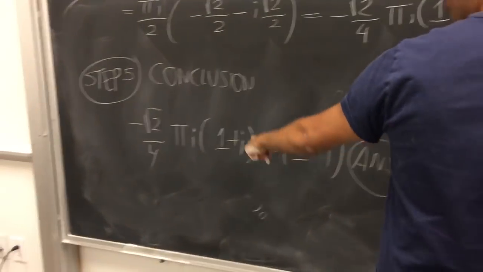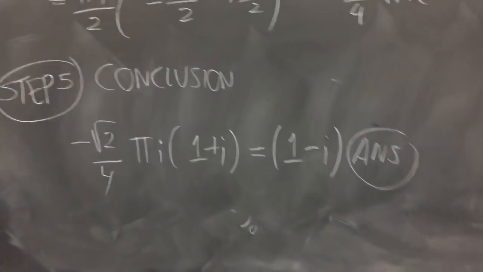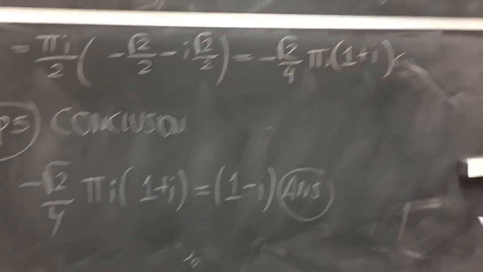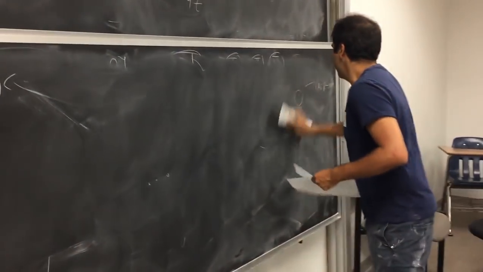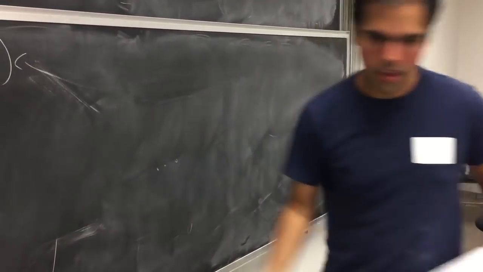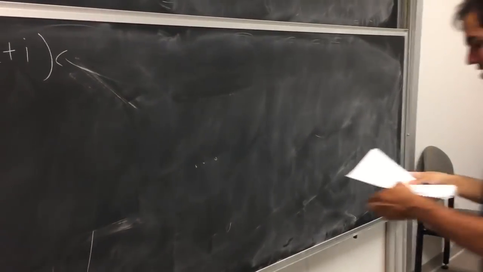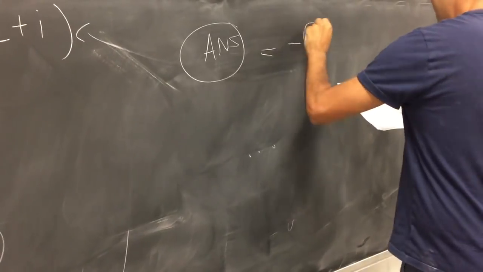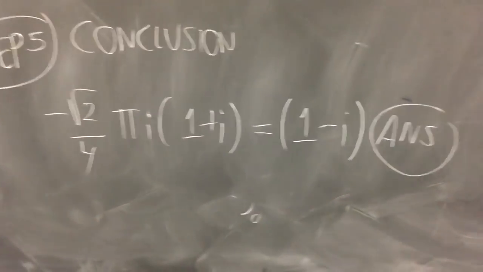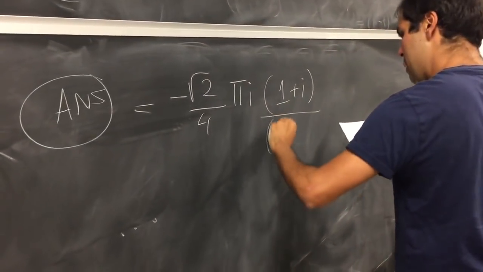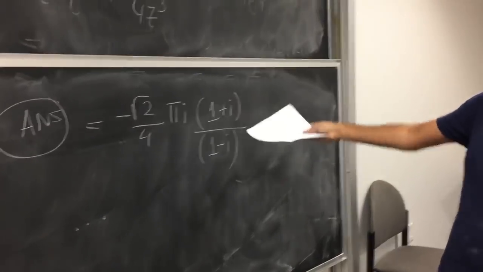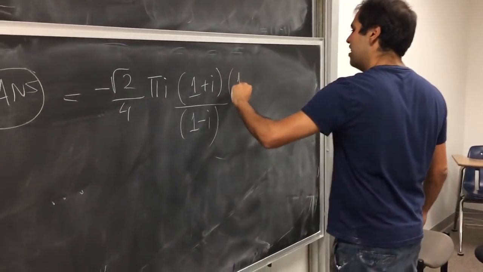And therefore our answer is this monster divided by 1 minus i. So the answer is minus square root of 2 over 4 pi i times 1 plus i over 1 minus i. But again, we don't like i's in the denominator.